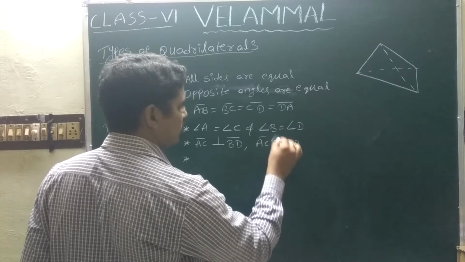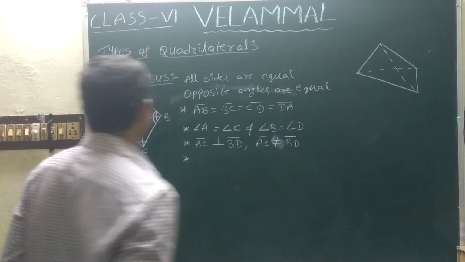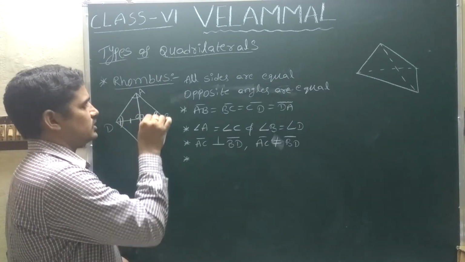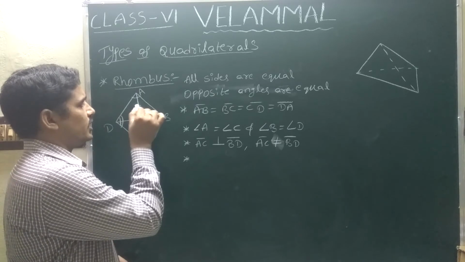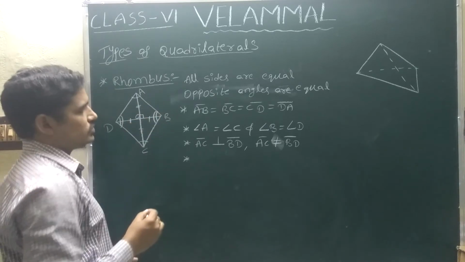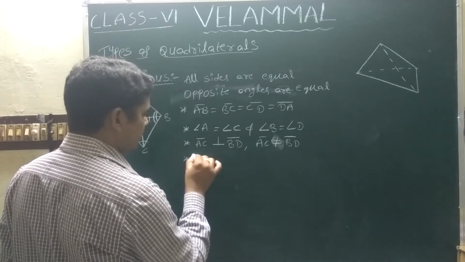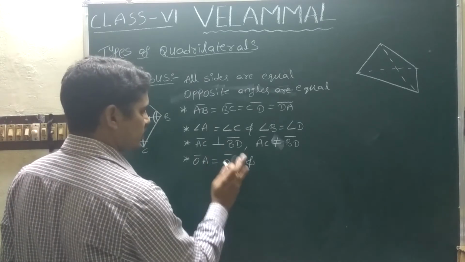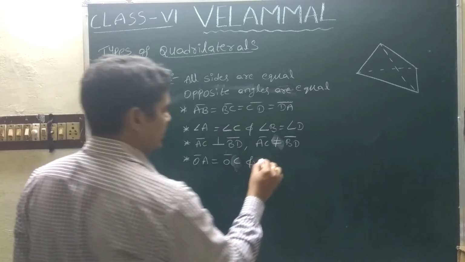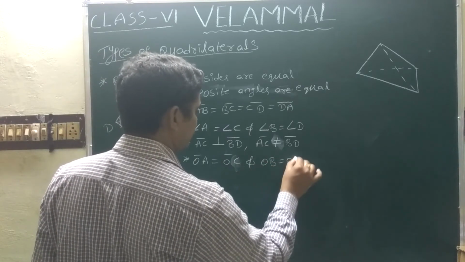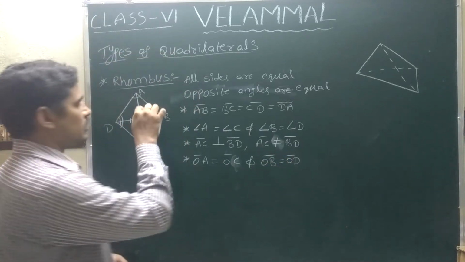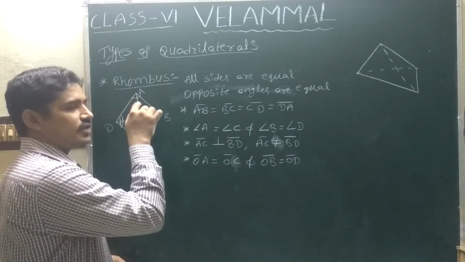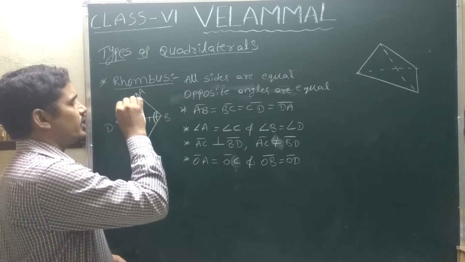AC is not equal to BD, we can write. And if we are taking this as O, these two will be equal and these two will be equal. So by that we can say OA equal to OC, and OB is equal to OD. These are equal. In the same diagonal, two parts will be divided, so those two parts will be equal.